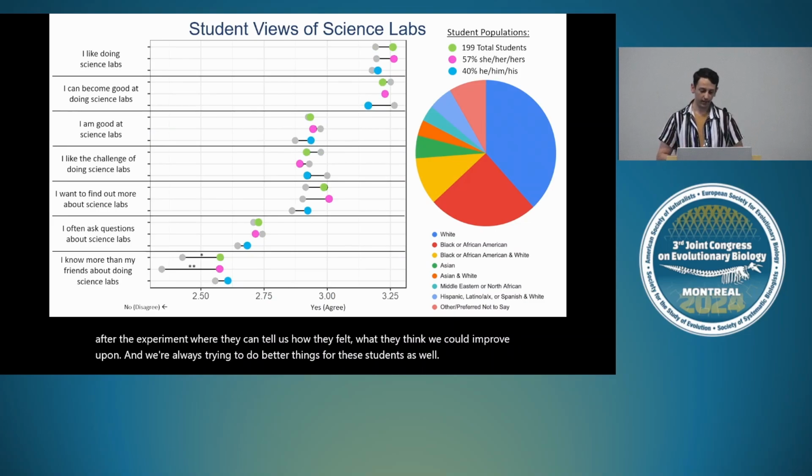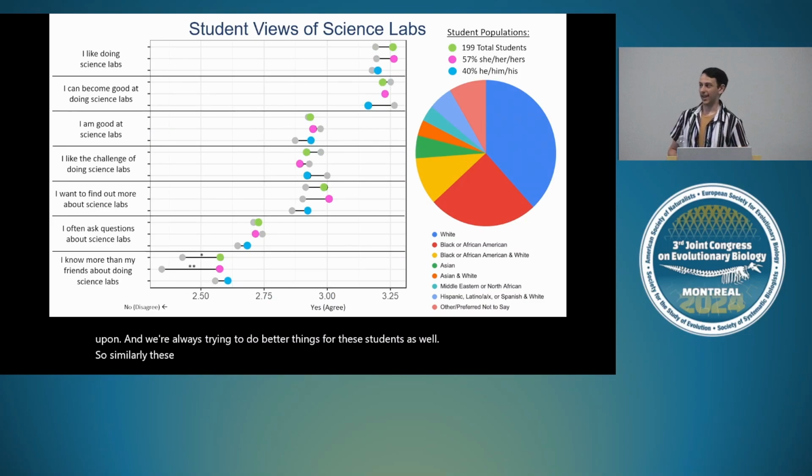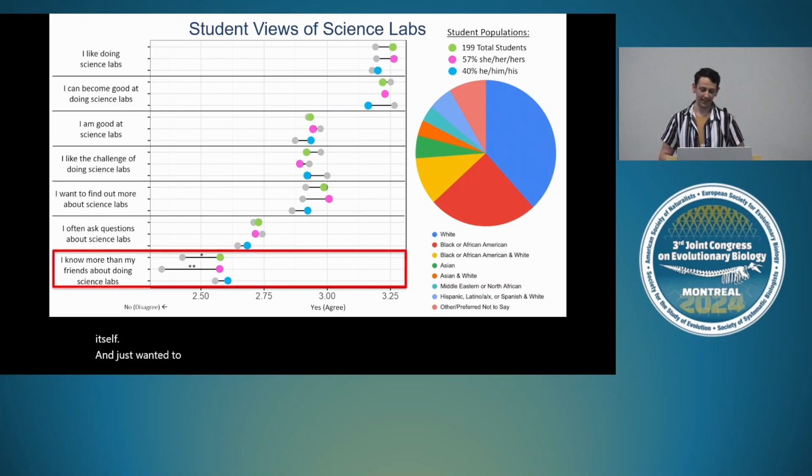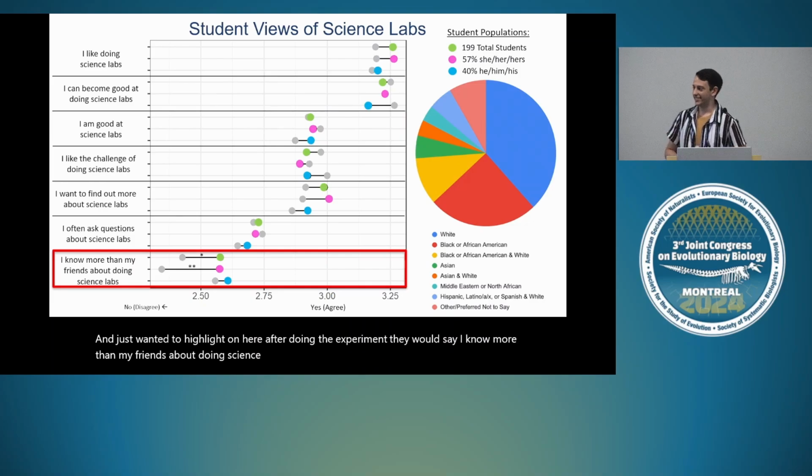So similarly, these are student views of science labs rather than how they feel about science itself. And just one to highlight on here, after doing the experiment, they would say, "I know more than my friends about doing science labs." In some cases, they feel that their friends are not so smart after working with them.